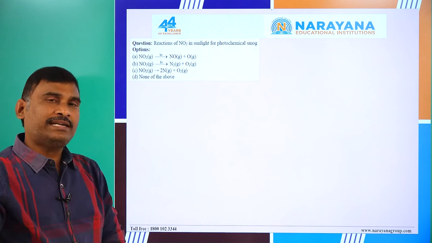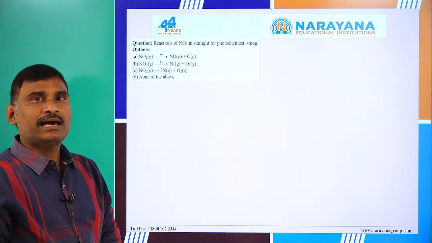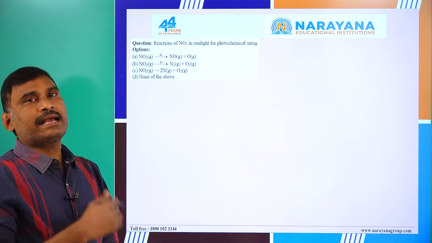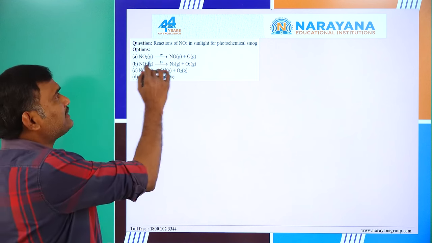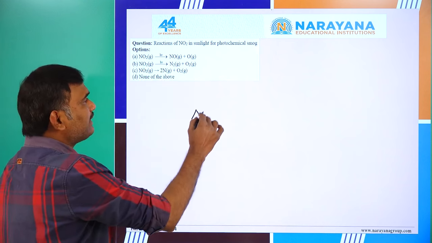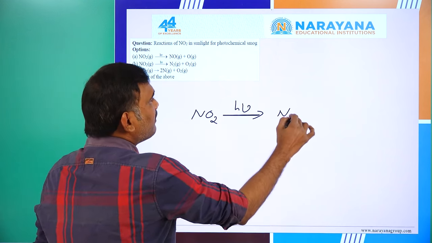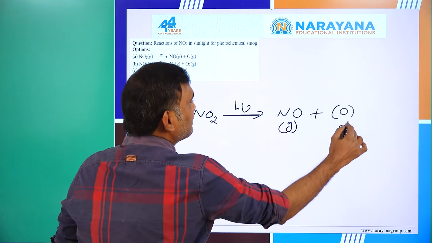Among these, two major pollutants are unburnt hydrocarbons and nitric oxide. This nitric oxide again combines into NO2. These NO2, in the presence of light in the photochemical smog, decompose into nitric oxide and nascent oxygen.